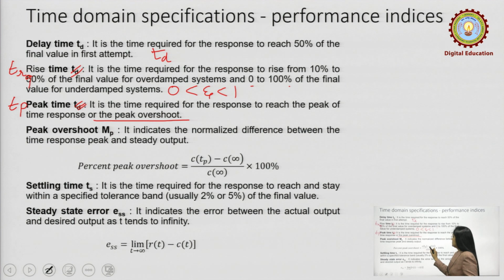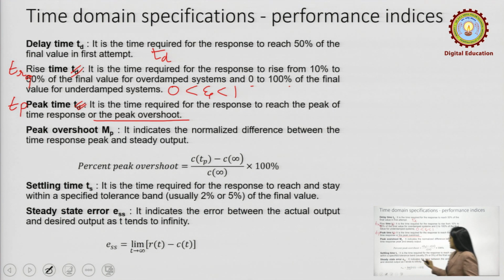This is C of t p minus C of infinity, that is, the steady state value when time reaches infinity, multiplied by 100. Settling time is the time required for the response to reach and stay within a specified tolerance band. Usually the tolerance band is 2% to 5% of the final value.